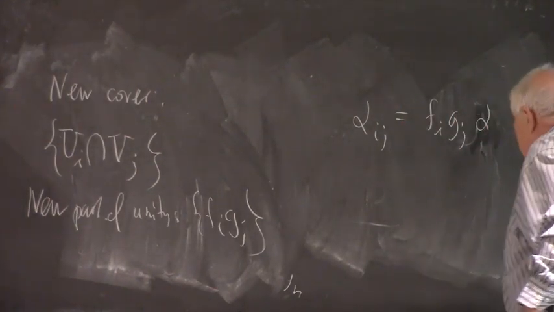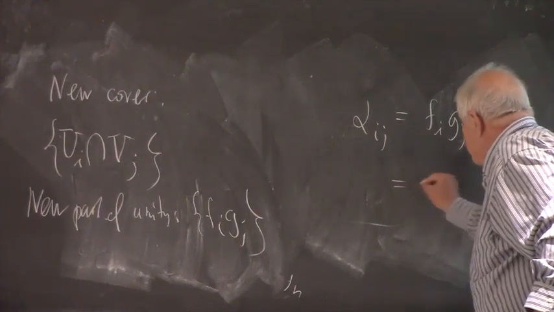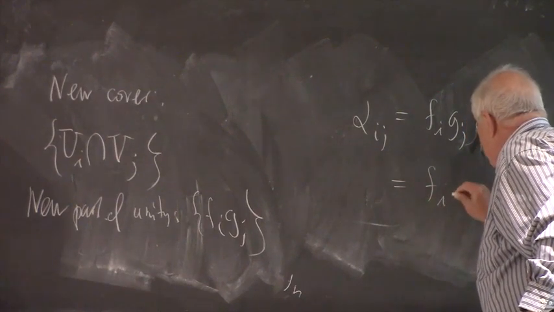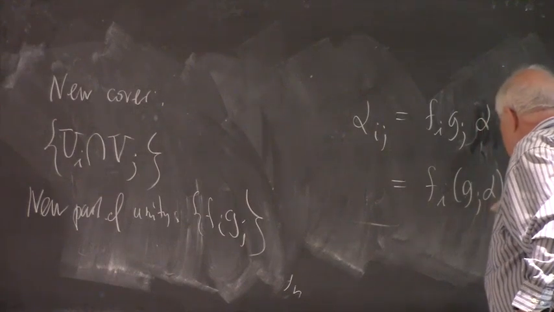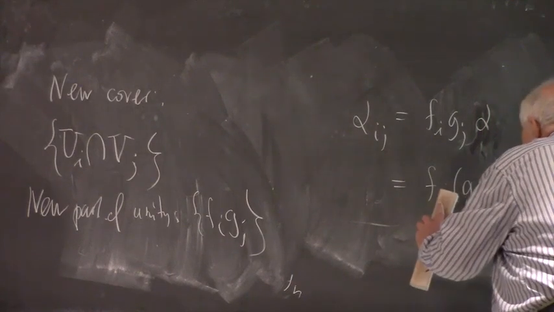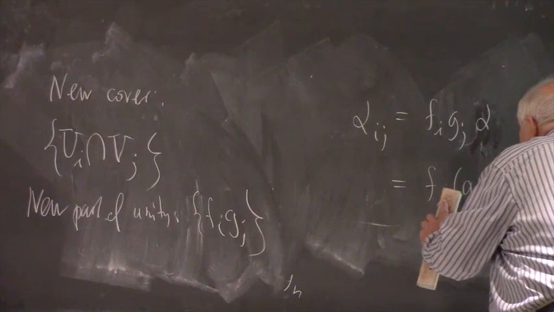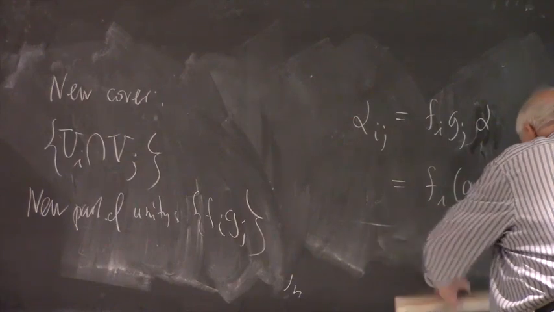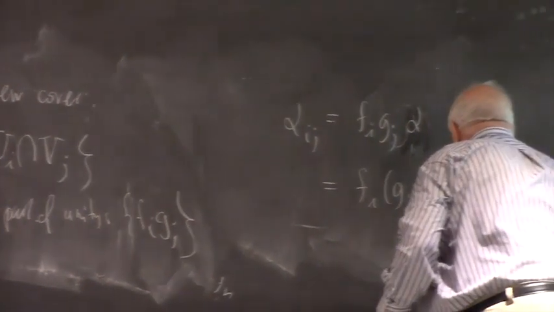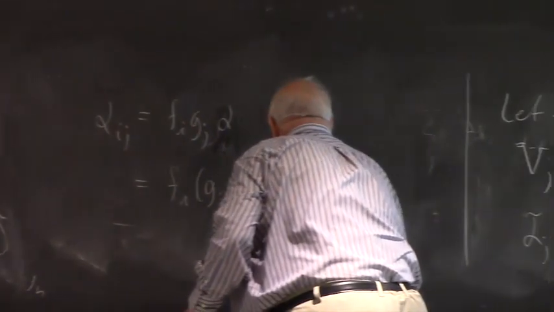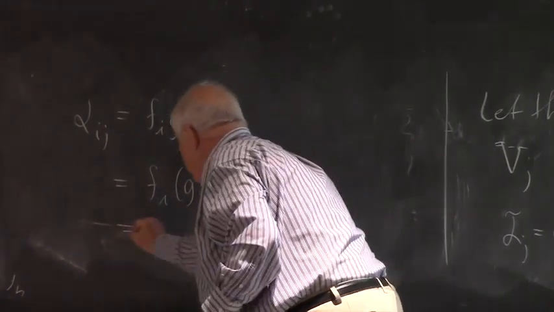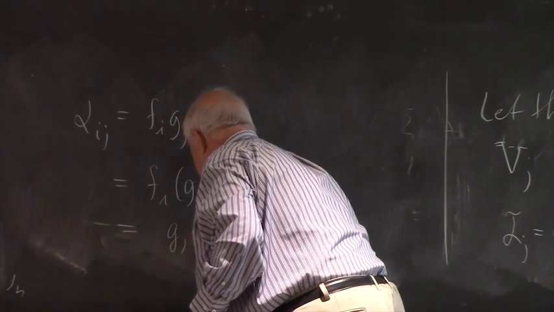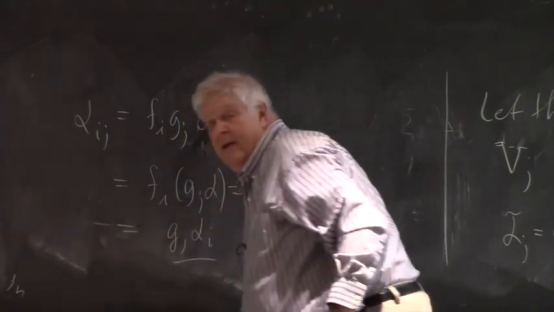Now, this is the same as this. Which is fi alpha tilde j. It is the same as gj alpha I, right?